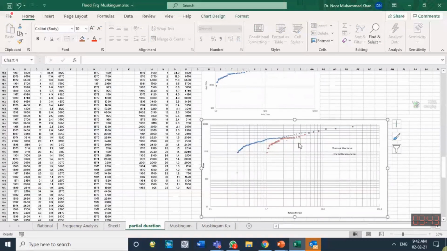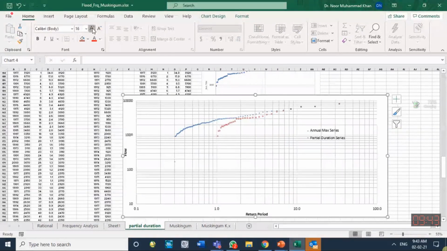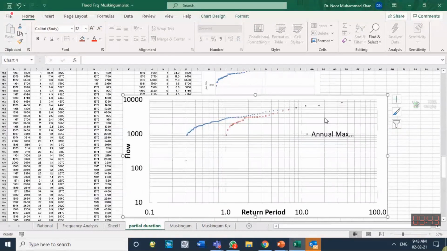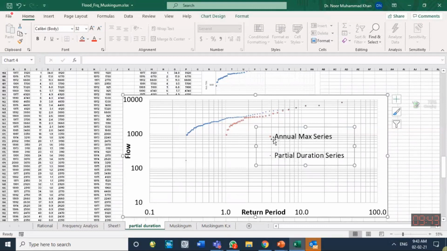This red one is, can you see them? These red ones are annual flood series, and these blue ones are the partial duration series for the same station, for the same location.